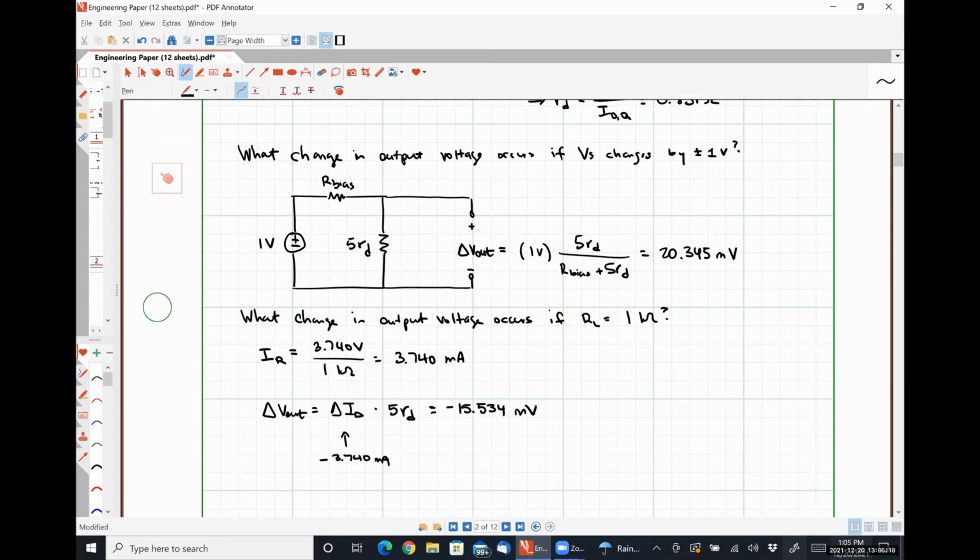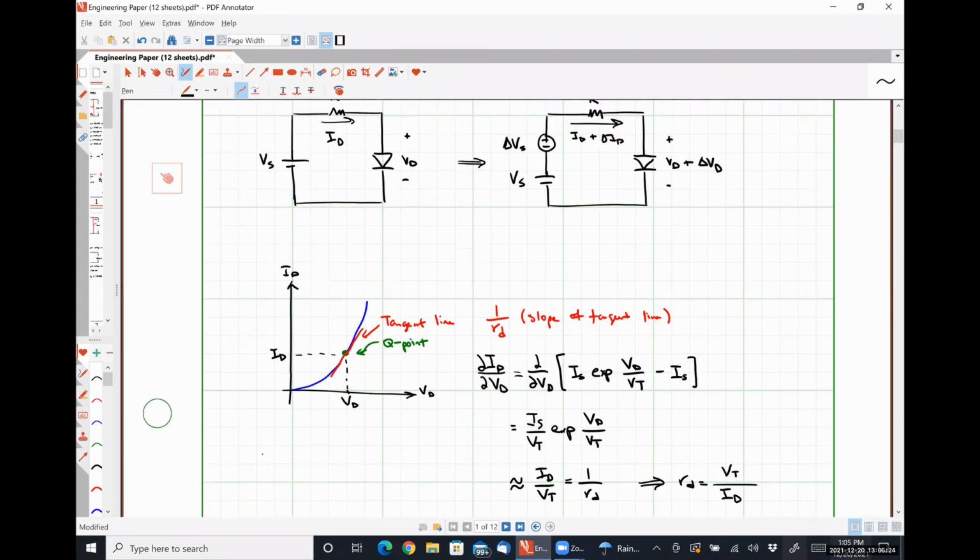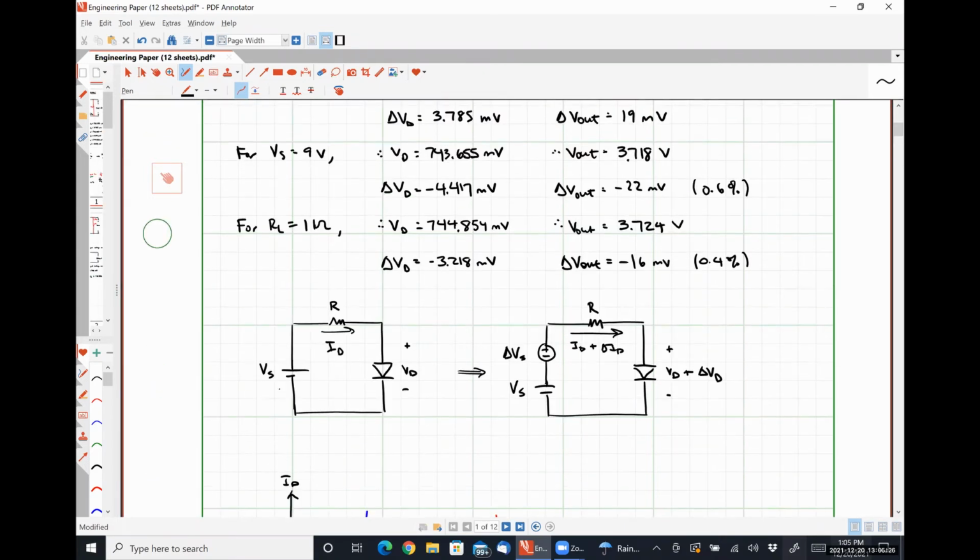How does this compare to our original analysis? When we put a 1 kilo ohm resistor in, we saw that the output voltage dropped by 16 millivolts. Using our dynamic resistance, we saw that the output voltage dropped by negative 15.5 millivolts. So it's still a very good approximation.